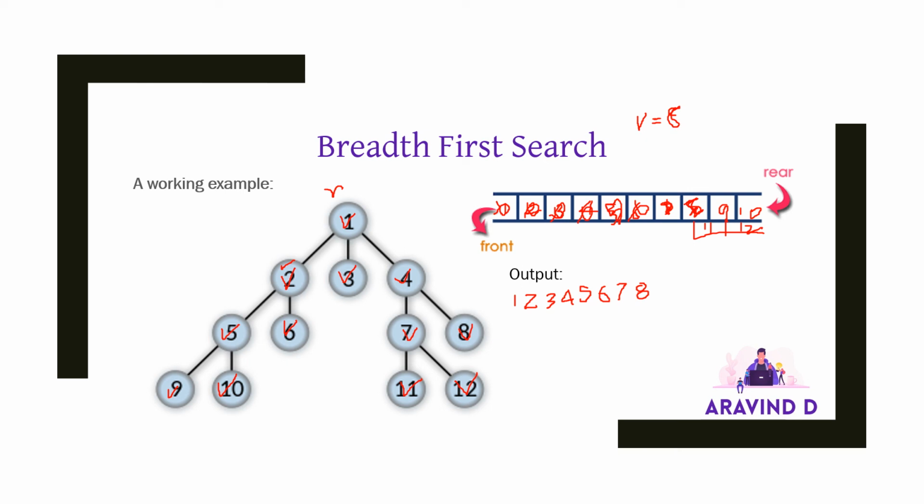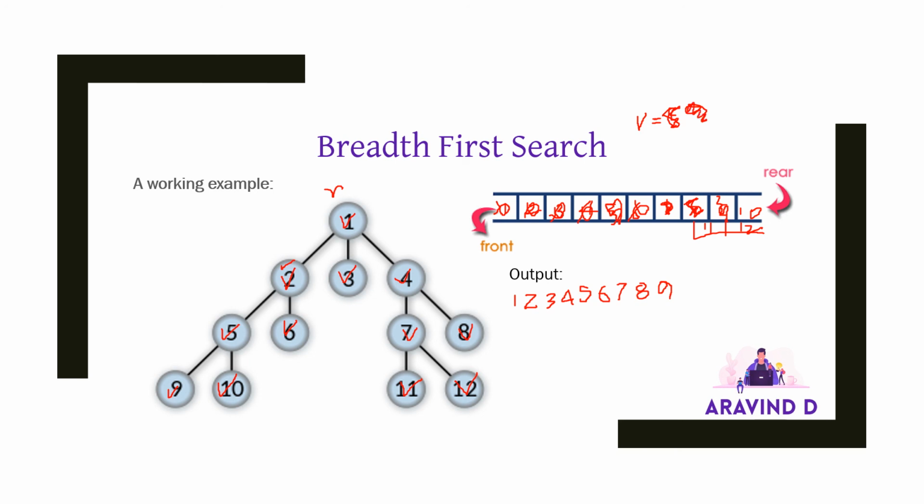So we are going to dequeue the element again and store it in the variable v, and we are going to print it. And we are going to enqueue all the adjacent nodes to 9. There is no adjacent node to 9 that is not yet visited. So we are going to repeat the process.